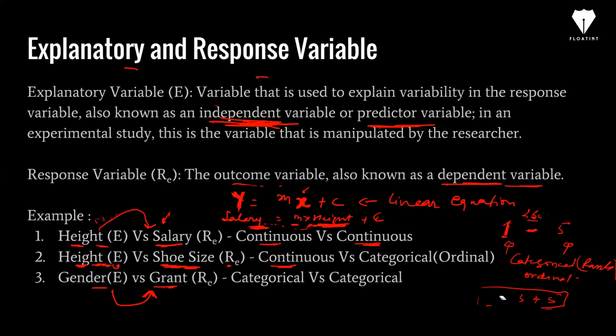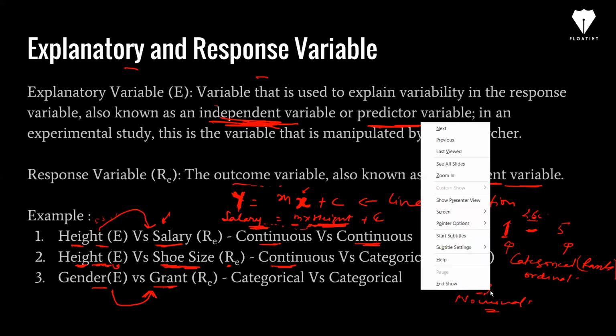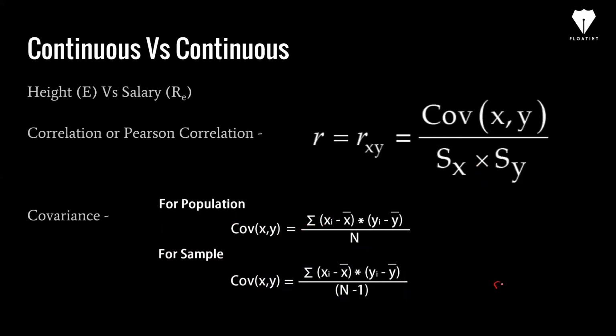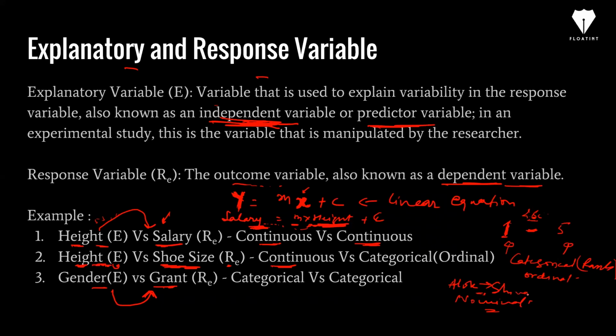If I want to give you more context, in categorical there is ordinal, and one more is nominal. So what is nominal? Like names. My name, Alok, is a nominal categorical value. It is also a categorical value, but that is nominal. It does not have any rank. If I talk about Shivam or Vikas, it is not like one name is greater than some other name.